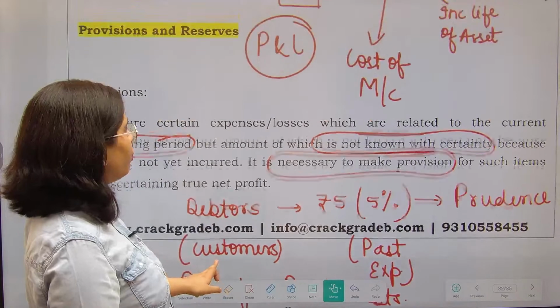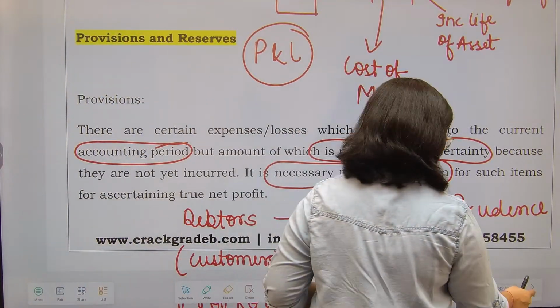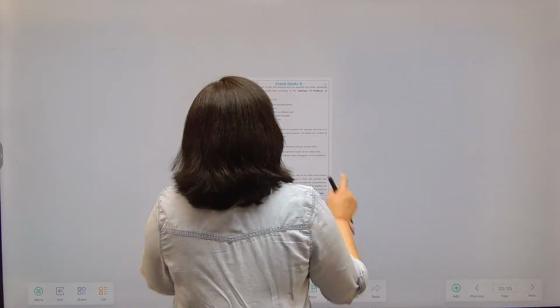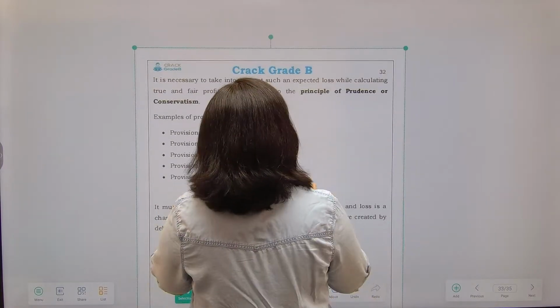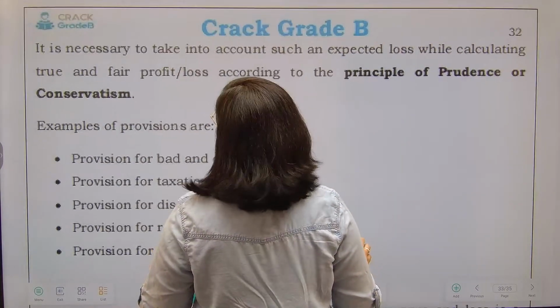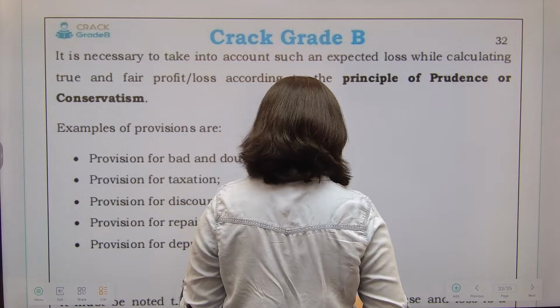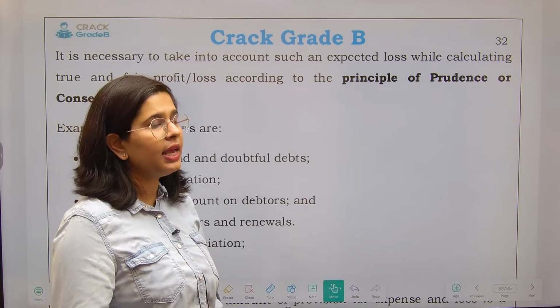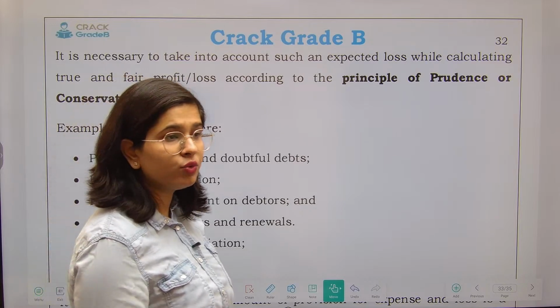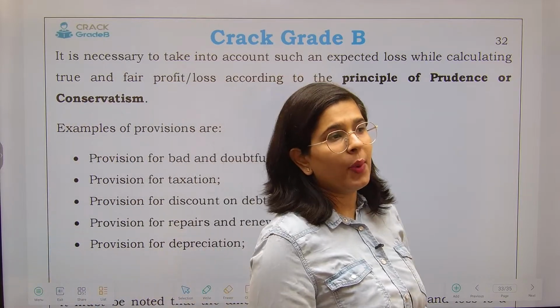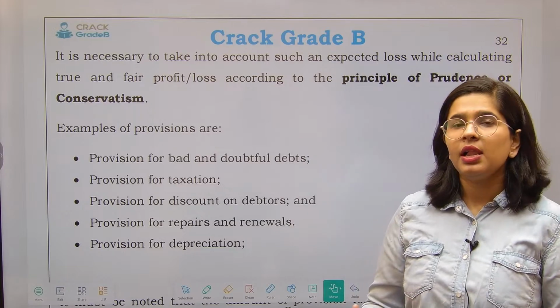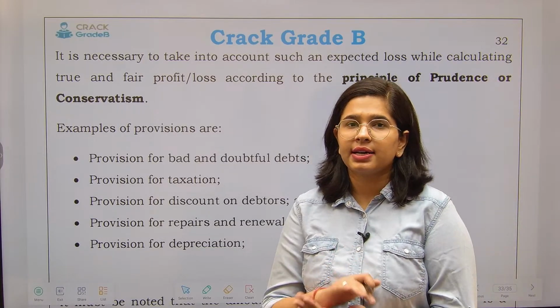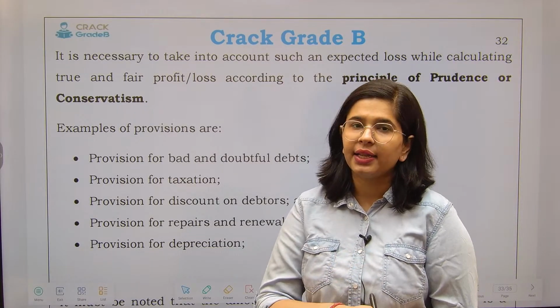I have told you. Now the next thing about provisions that we have to see is the different types of provision, and also this is very important. Because of what principle do you make the provisions? The question can be asked super easily. On what basis do you create the provisions? Whether it is the matching principle, the principle of conservatism, the principle of duality, or what.